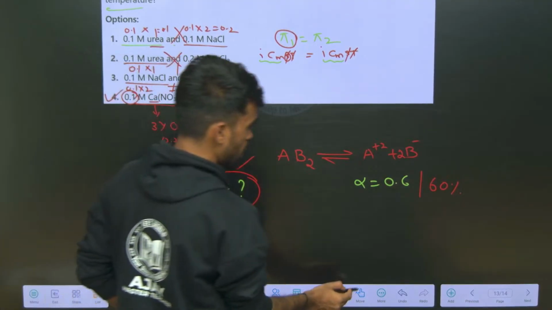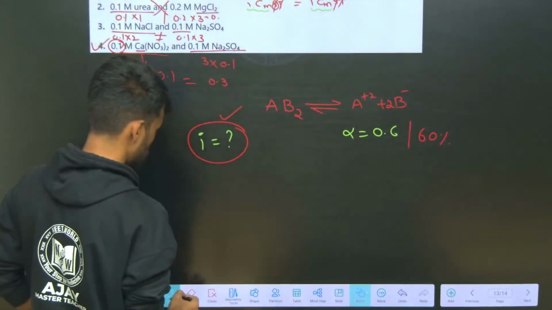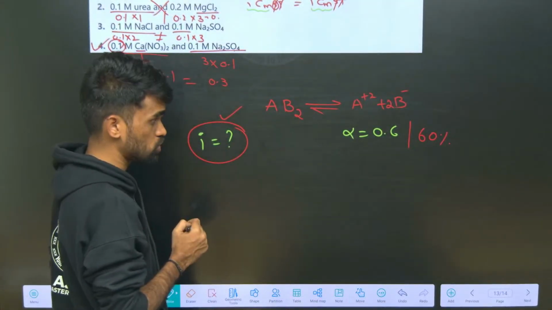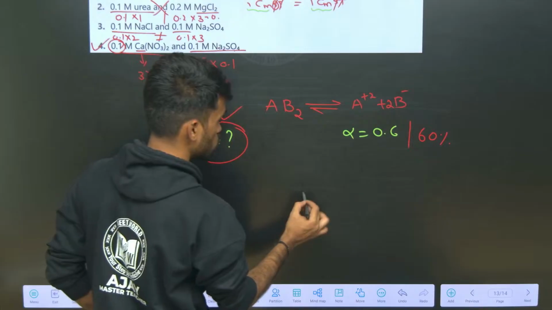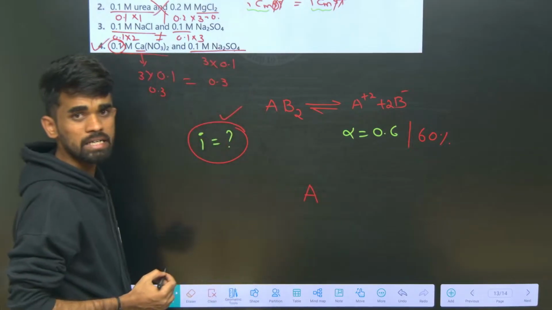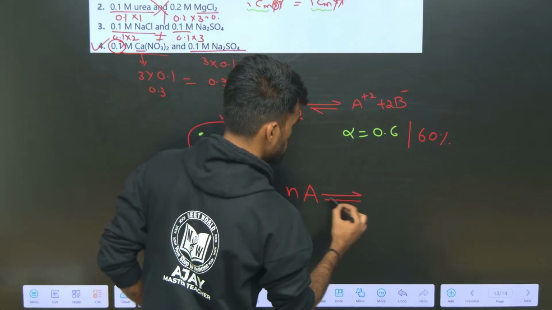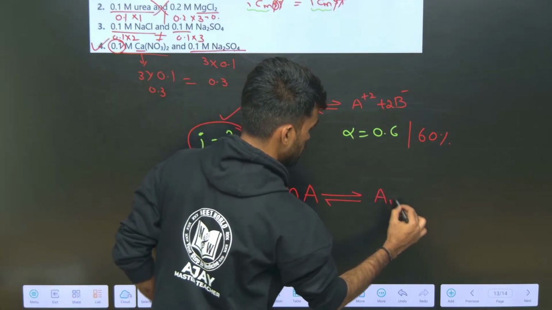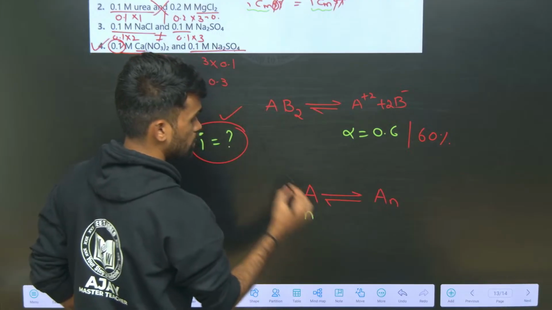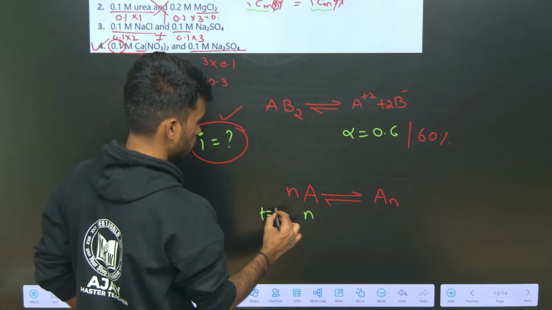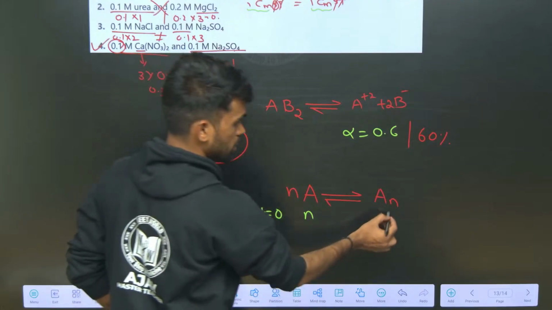Now what happens when dissociation takes place? This is a scenario we discussed, dissociation. Now what happens in case of association? I have A particles of n units. These are undergoing association to form like this. Initially I have n particles at time T0, and this is 0.